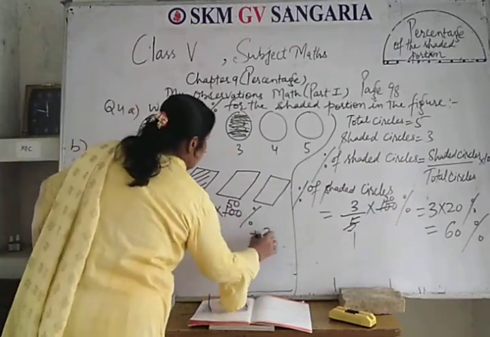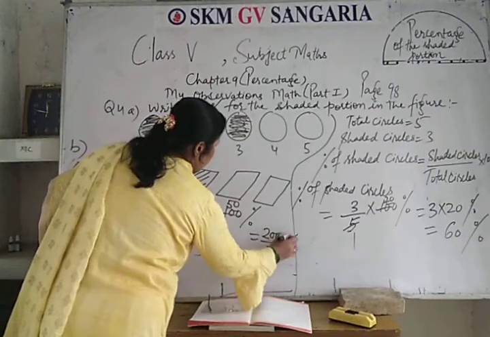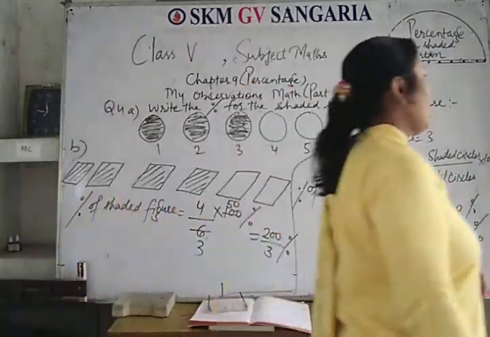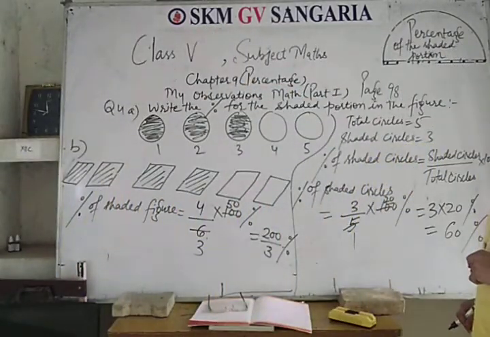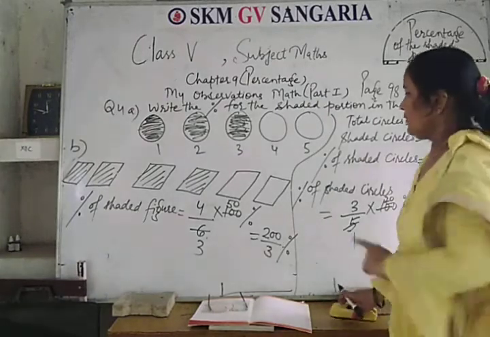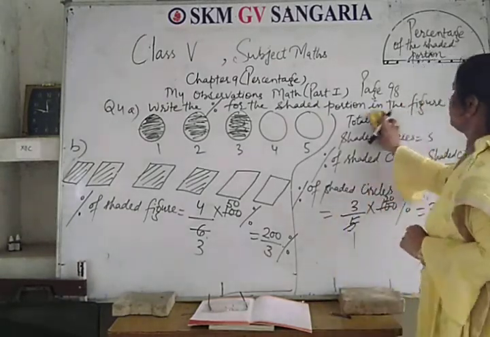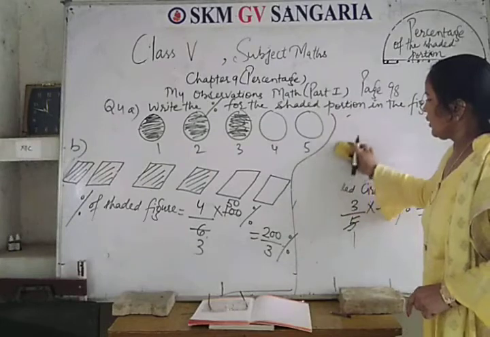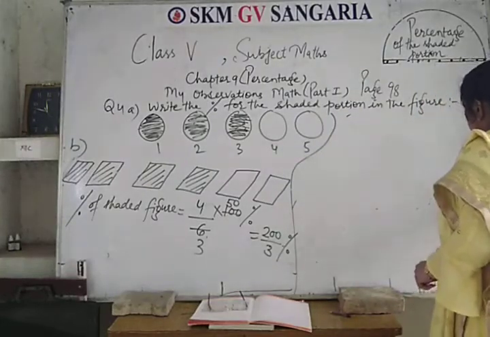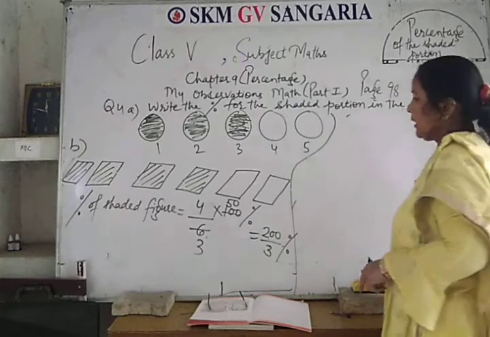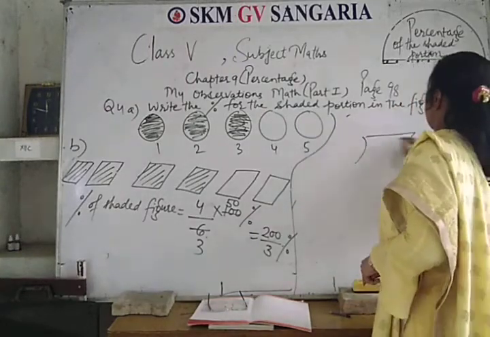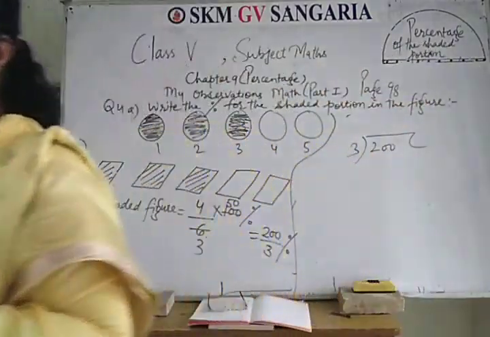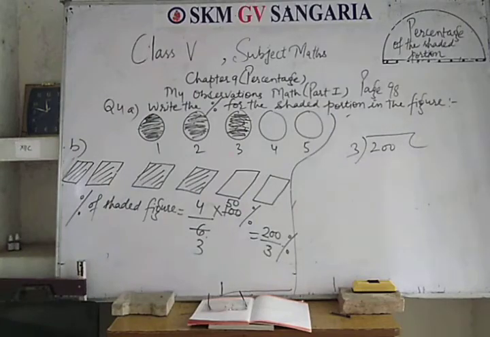Now it is 200 upon 3 percent. Now you will divide 200 by 3. In place of circle you can write percentage of the shaded figure also, because the picture was of circles, so I had written circles.